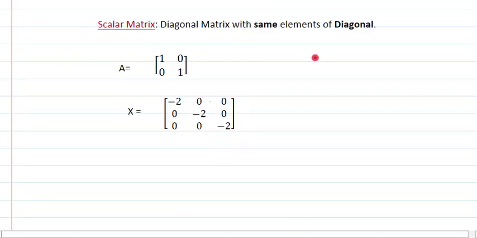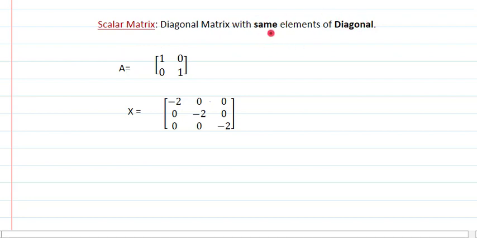Next, let us take scalar matrix. Diagonal matrix with same elements of diagonal is known as scalar matrix. As you know, diagonal matrix is the matrix having all non-diagonal elements as 0. So the scalar matrix is one of the diagonal matrix when all elements of diagonal are same.